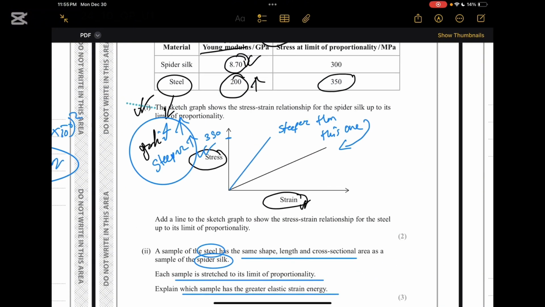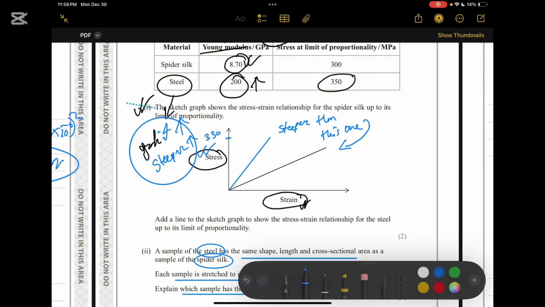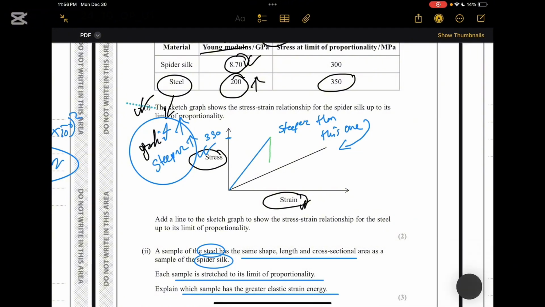So we all know stress into strain gives us elastic strain energy. So the area under these two graphs will give us our elastic strain energy. This area and this area, including that.